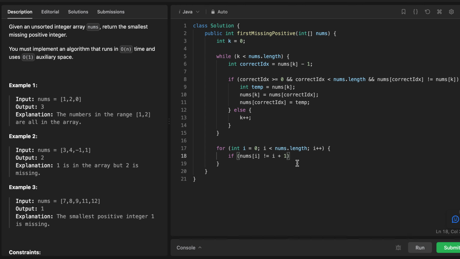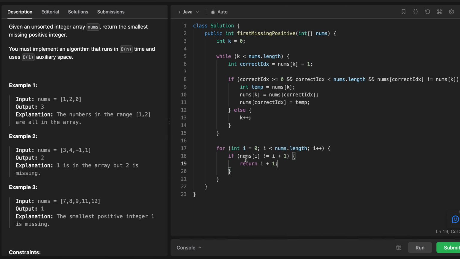So if it is not equal to it, that means this is our solution in here. So the first positive integer will be this one. We added plus 1, because the index starts with 0.